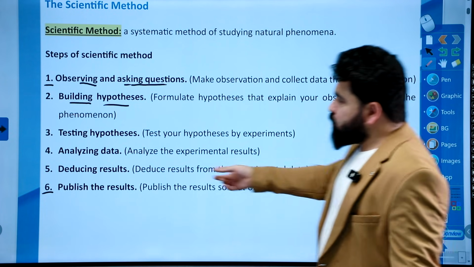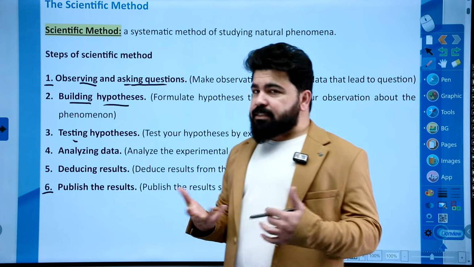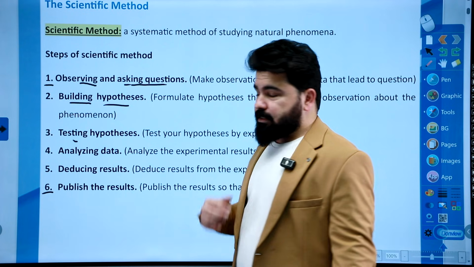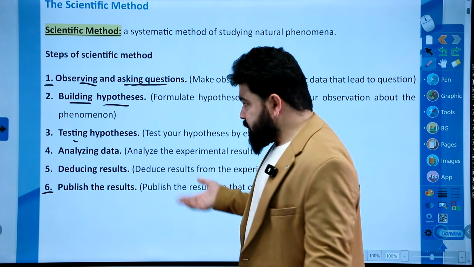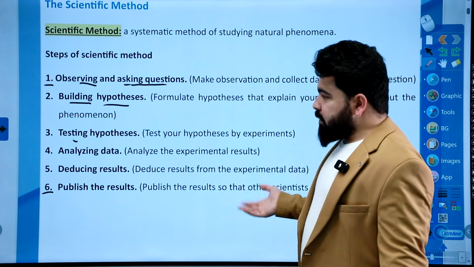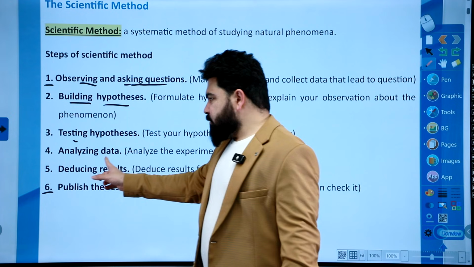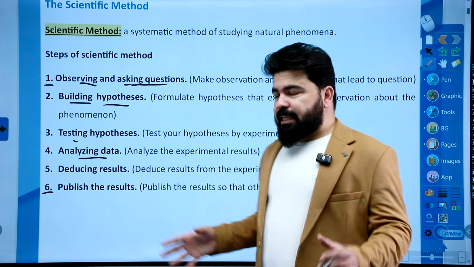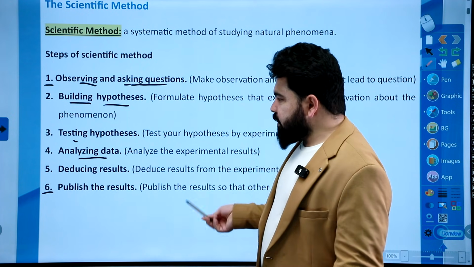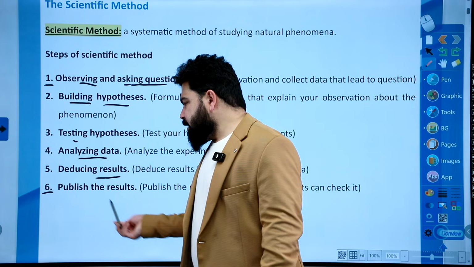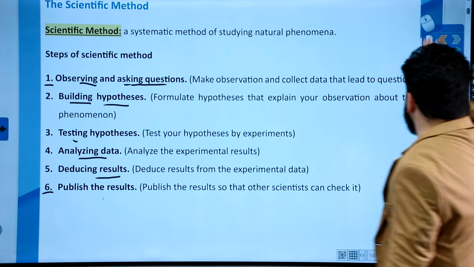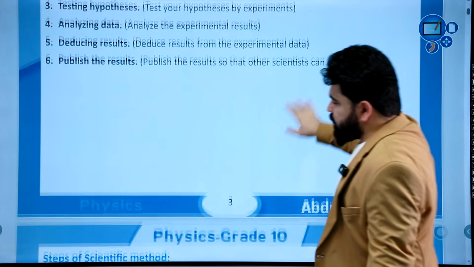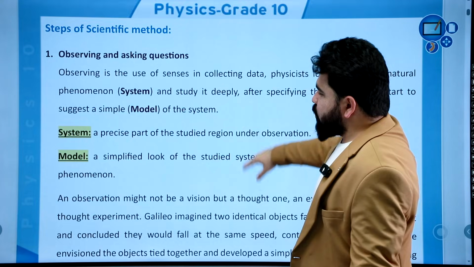Then you test the hypothesis. You're going to test multiple cars. Let's say you're going to test Nissan, Toyota, Mercedes, BMW, and then you analyze your data. You're going to collect all the data from each car, and then you're going to deduce results, and then you're going to publish those results. So this is the scientific methodology. This is a longer version of it.